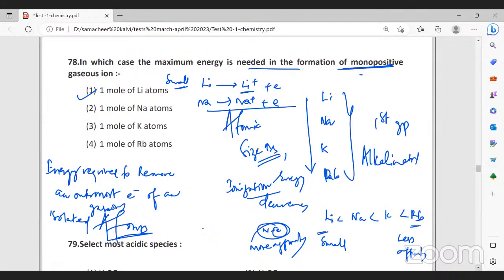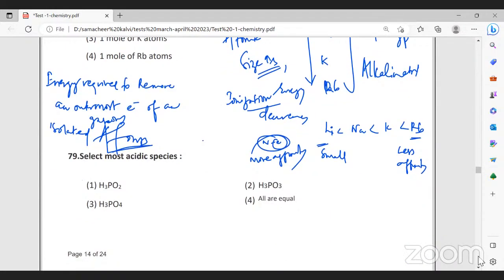The next question: select the most acidic species. H3PO2, H3PO3, and H3PO4 are our oxy acids of phosphorus. H3PO2 is a stronger acid compared to H3PO3, and H3PO3 is stronger than H3PO4.